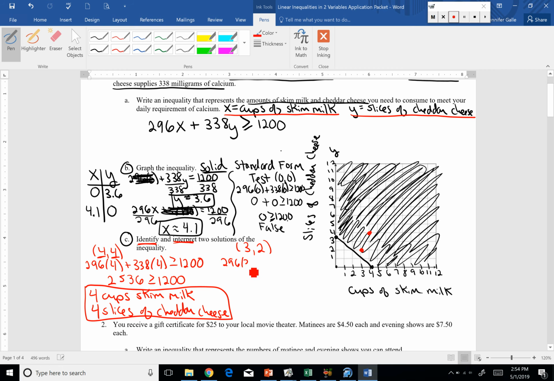I just want to check it, make sure it works. And again, that left side, you can put right in the calculator. When I do that, I get 1564. It's a smaller number, but it's still bigger than 1200, so we're still in good shape.